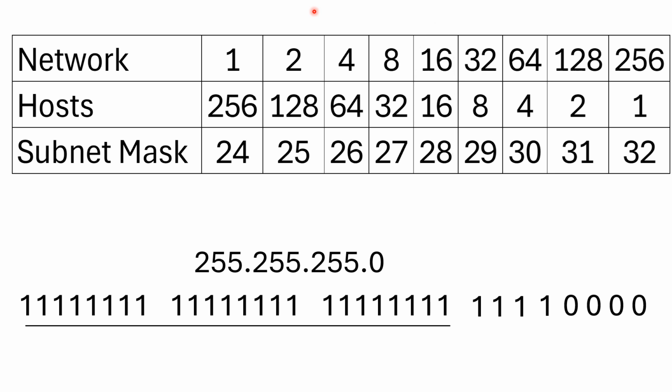For example, if you multiply 256 with 1, the result will be 256. If you multiply 128 with 2, the result will still be 256. So technically, the number of IP addresses is fixed. This is because this is a class C IPv4 address, and the total number of IPs available is 256.